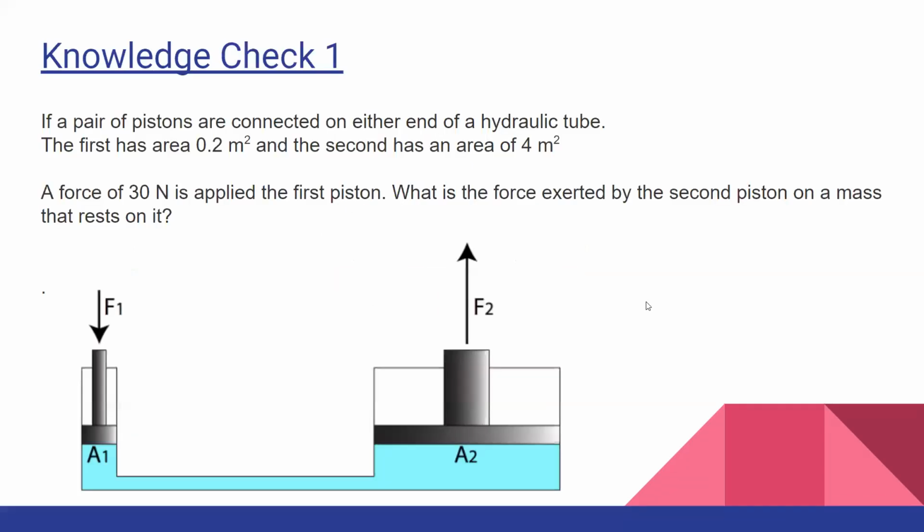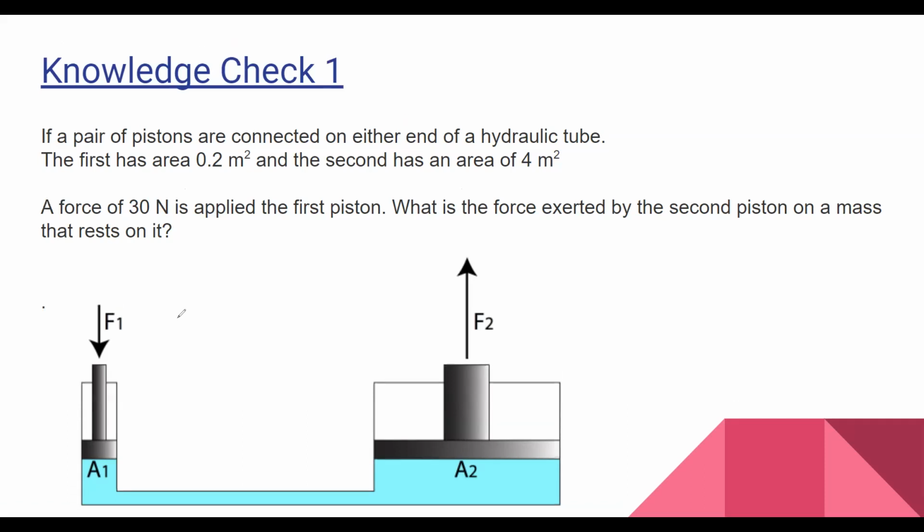So for example, we have this problem here. If a pair of pistons are connected on either end of a hydraulic tube, where the first one has an area of 0.2 meters squared, and the second one has an area of 4 meters squared, and a force of 30 newtons is applied to the first piston, what is the force exerted by the second piston on a mass that rests upon it? So here we know that F1 is 30 newtons.